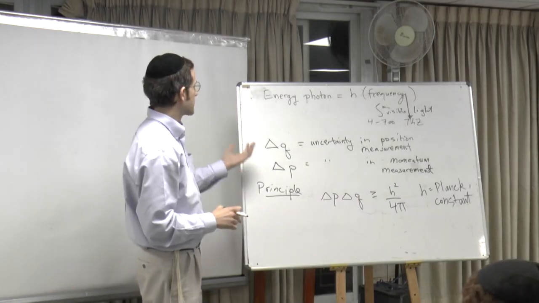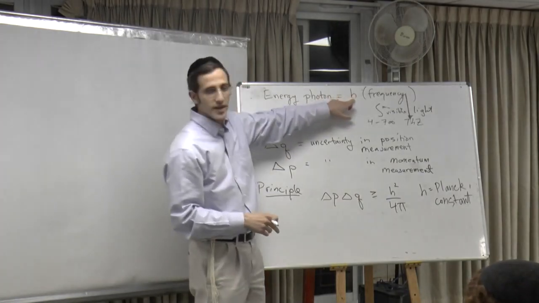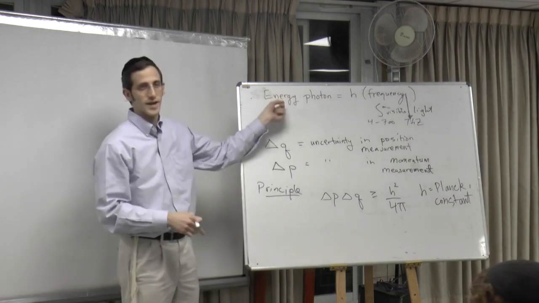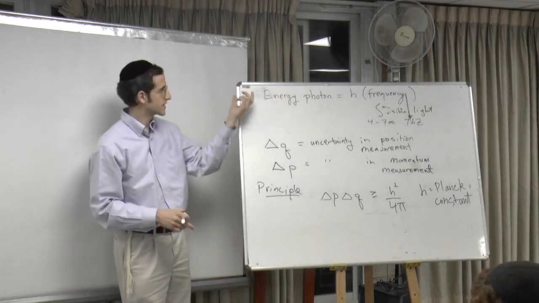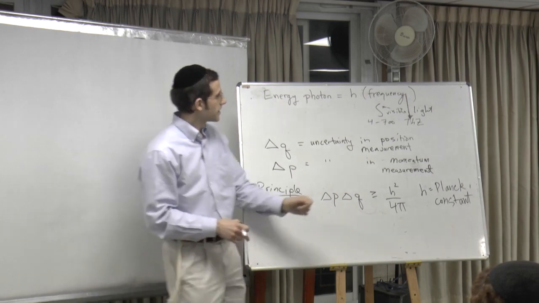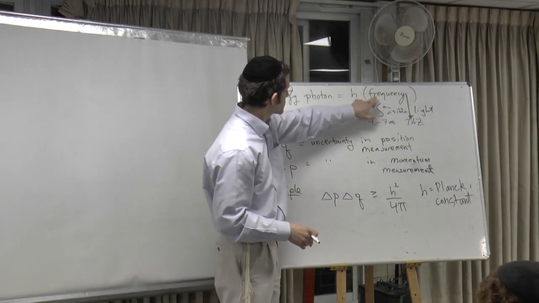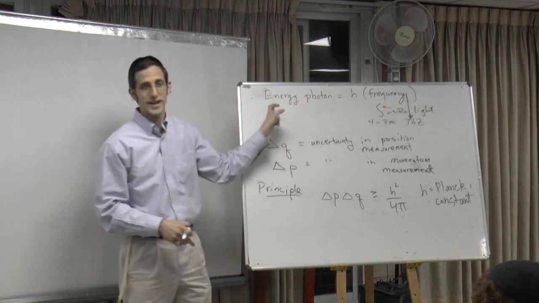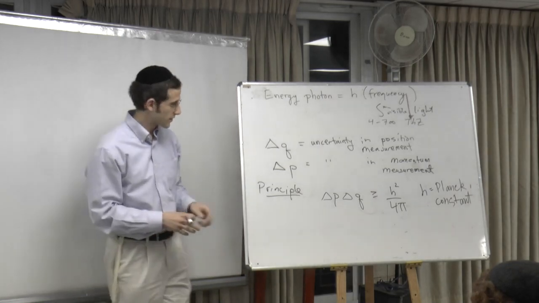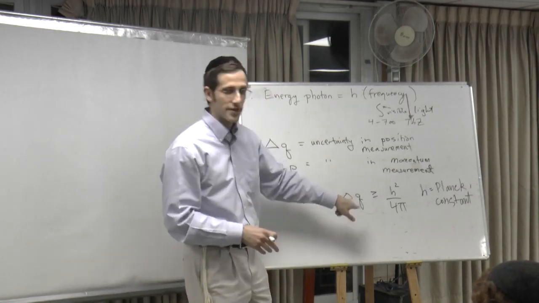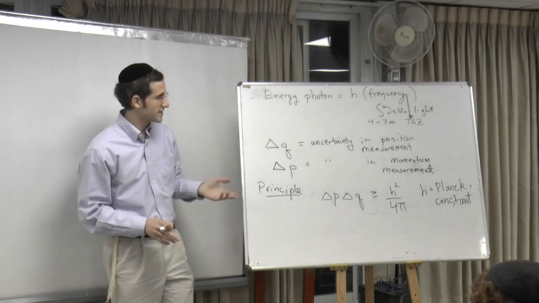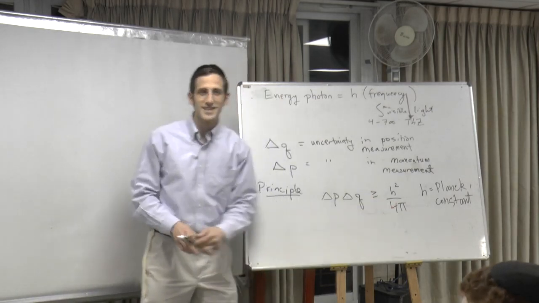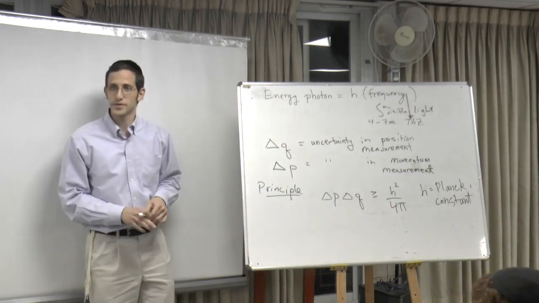So you can imagine this h is extremely tiny. The energy of a photon is going to be really, really tiny, and if you multiply h by some enormous frequency, you still get something tiny. So you generally don't observe this inequality in everyday life, but nonetheless it involves pi, and it's extremely important in physics.